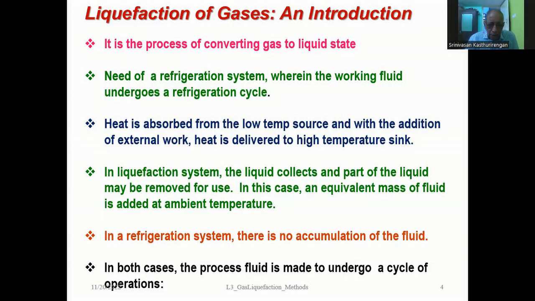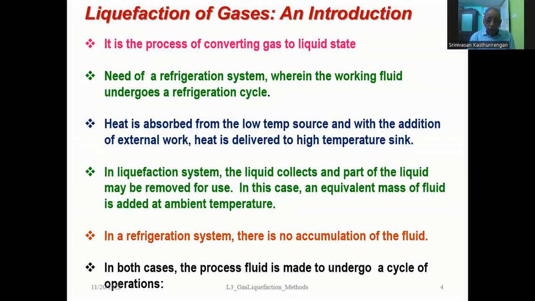Normally in a liquefaction system, the liquid collects in the reservoir where it is getting liquefied, and part of the liquid will be removed for use. In such a case, an equivalent amount of fluid, gas, has to be added at the ambient temperature so that the cycle continues further without any decrease for want of gas.